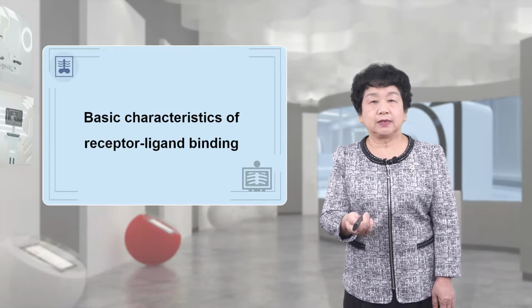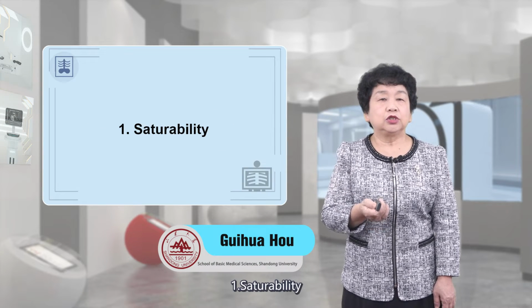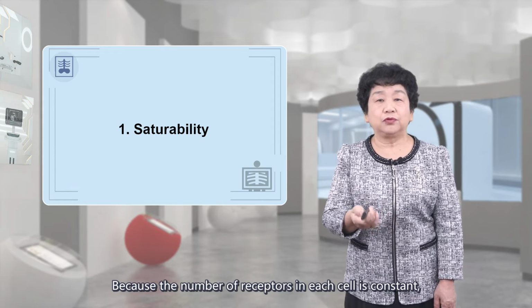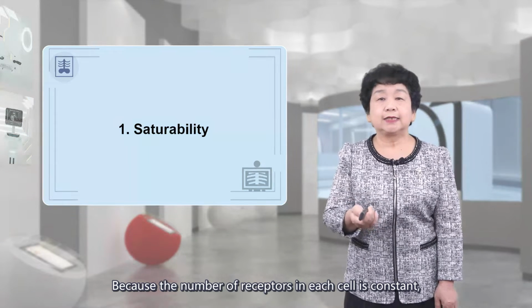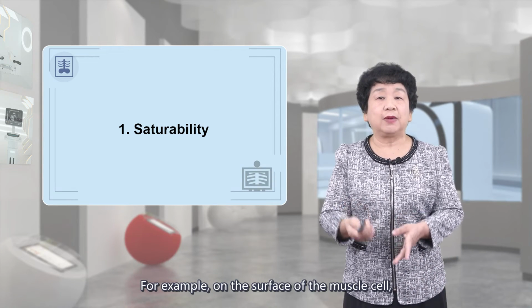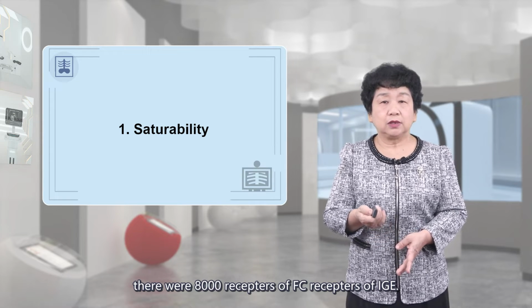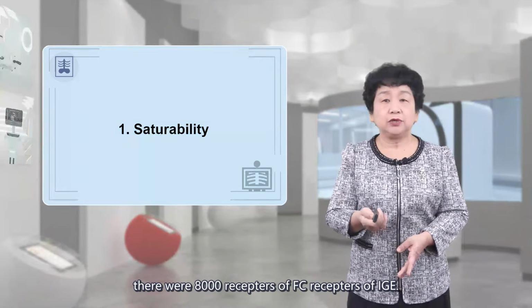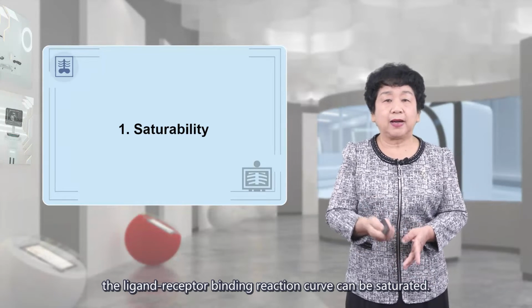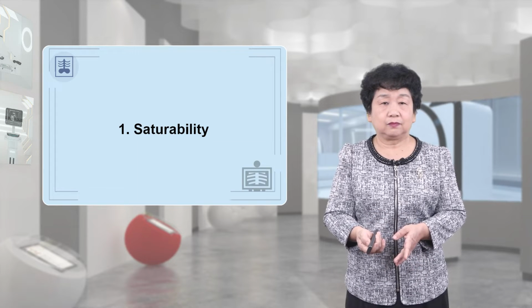Basic characteristics of receptor ligand binding. First, saturability. Because the number of receptors in each cell is constant, for example, on the surface of a mast cell there are 8,000 Fc receptors of IgE, the ligand receptor binding reaction curve can be saturated.